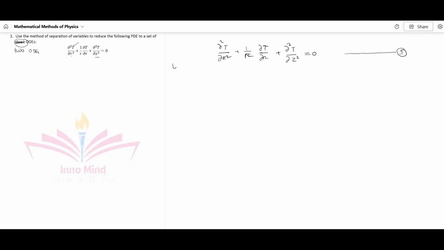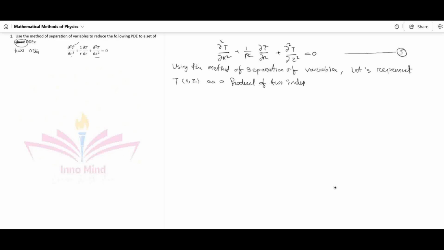Then what to do? So using the method of separation of variables, let us represent the function T(r, z) as a product of two independent variables, as T(r, z) is equal to R(r) Z(z), where R is a function of r and Z is a function of z.